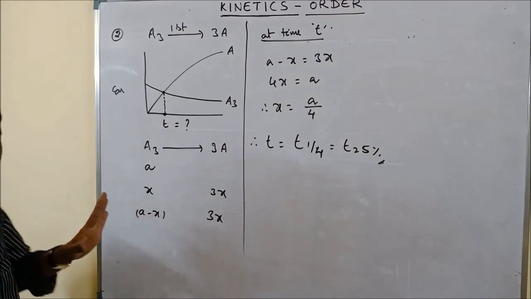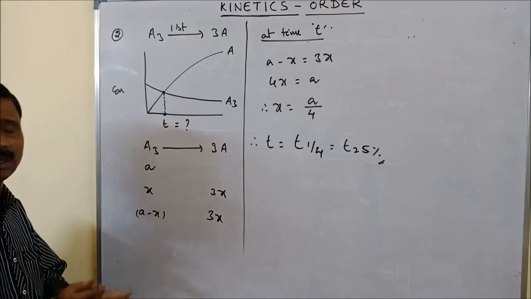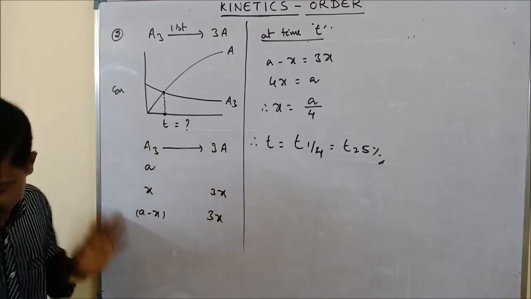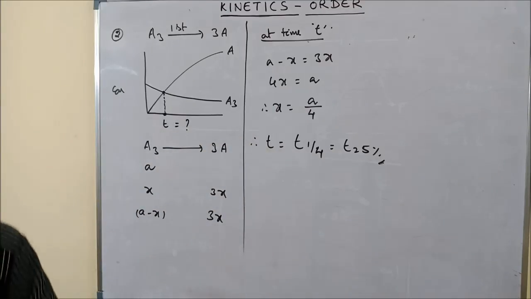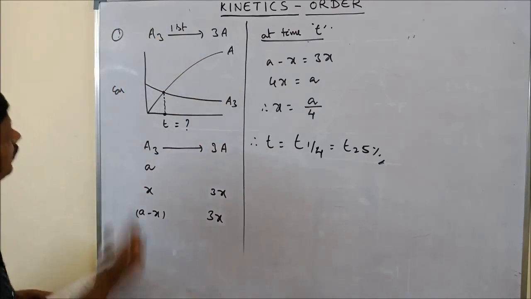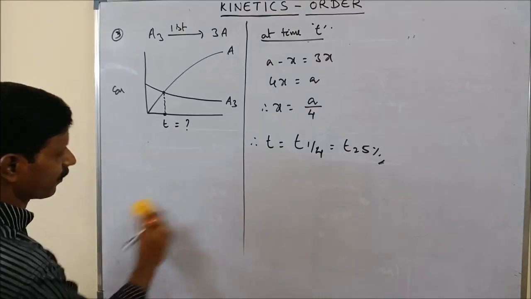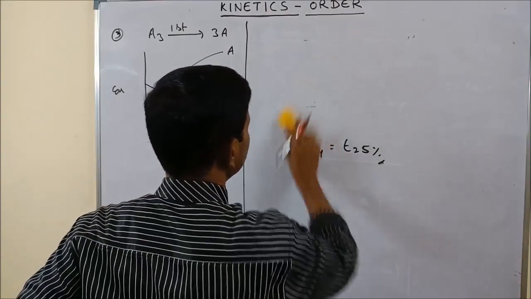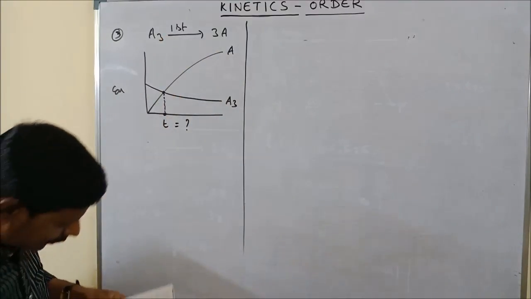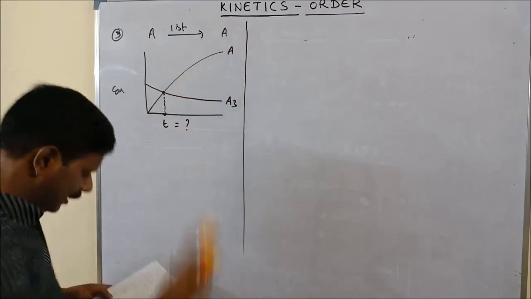So here, only one point you have to remember: at this intersecting point, the two concentrations are going to be equal. So this is one model. And next, another one, that is the third one. Here the information they are giving is like this. That is A4, which is also first order.